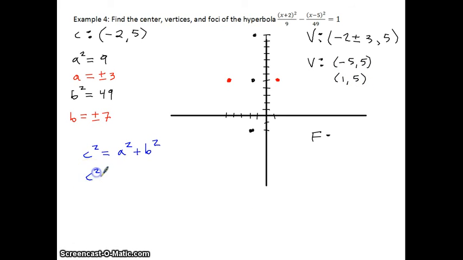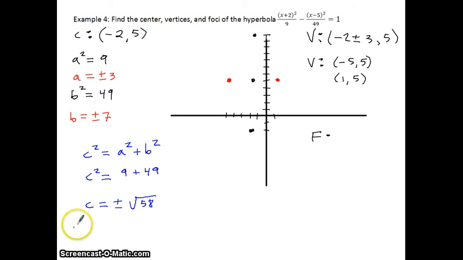Let's find the focus points. So we need to find the c values. I plug in a squared and b squared, and I end up with c equals plus and minus the square root of 58.